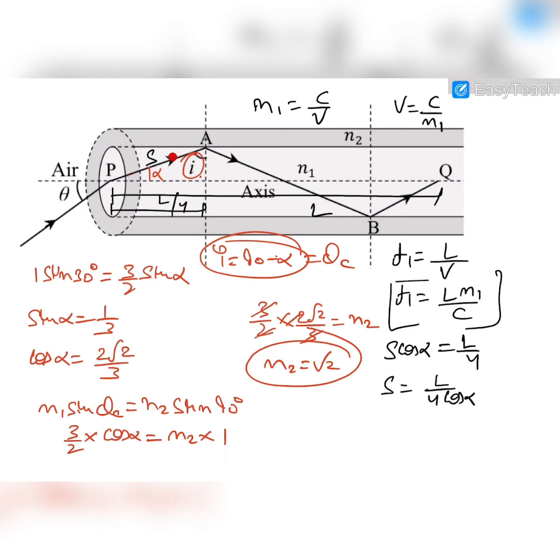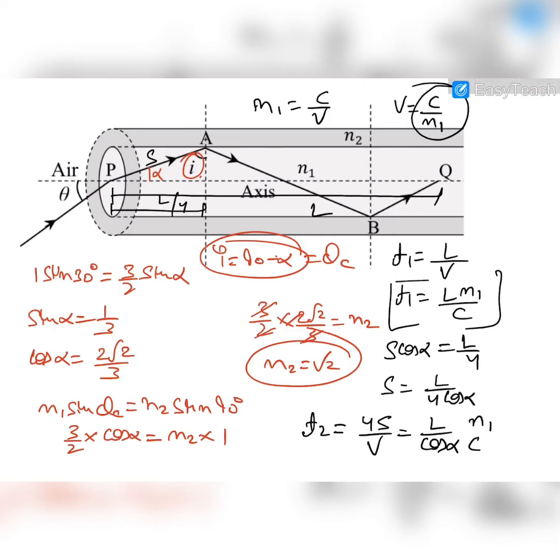And the total distance is S, S, S and S, 4S. So the time T2 will be 4S upon V. So 4S is L by cos alpha, and V is again C by n1.